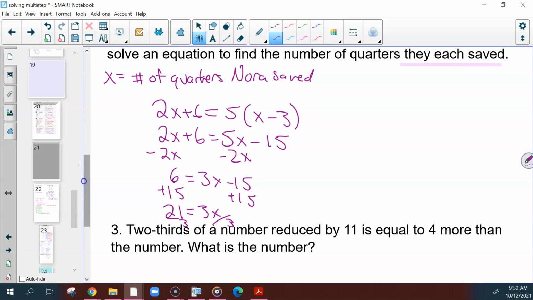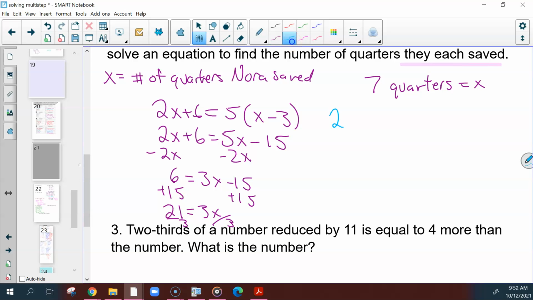Then you get 7. So 7 is for Nora. So I would say 7 quarters to put my units, or the number of quarters Nora saved. Now to find the number of quarters Chris saved, I'm going to put 7 either into this part or into this part. Not into both, because they would equal the same thing, that'd be extra work.